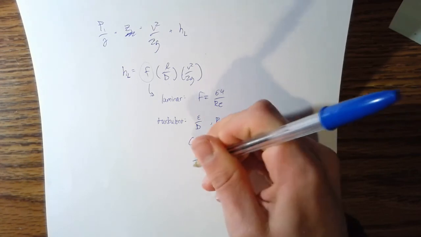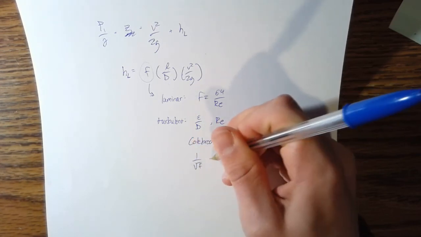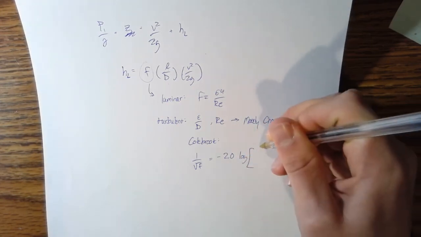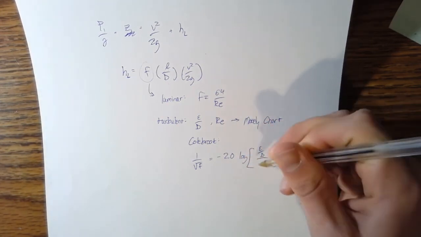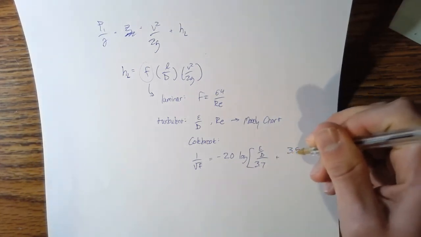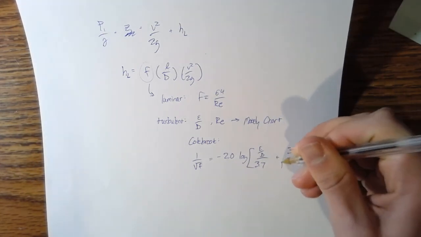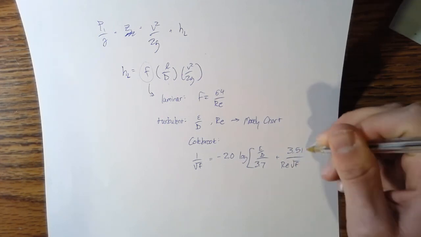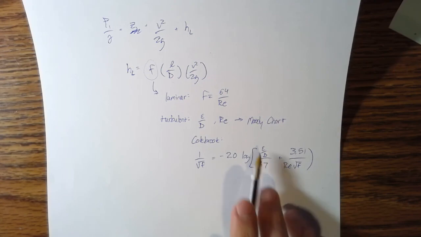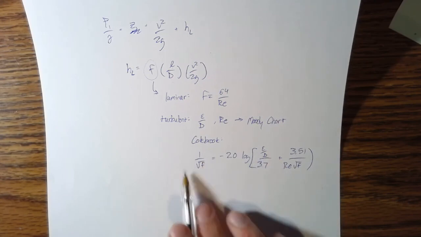And these aren't things that you're going to be able to solve really algebraically. Let me just write them out here. You'll just plug in what you know about epsilon over D, plug in your Reynolds number, and you'll get some f value out.